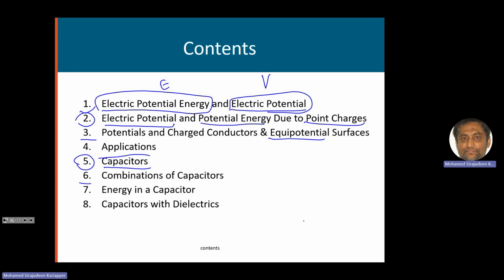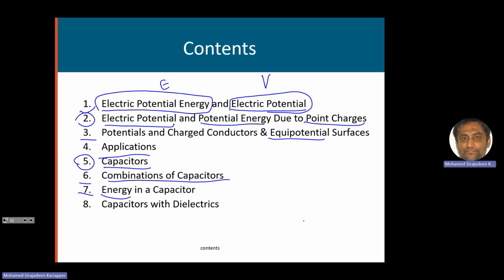Number 6, we will see how when you have combination of several capacitors, how to deal with that. So combinations of capacitors in electric circuit. Then I'll give you the equation for energy in a capacitor.